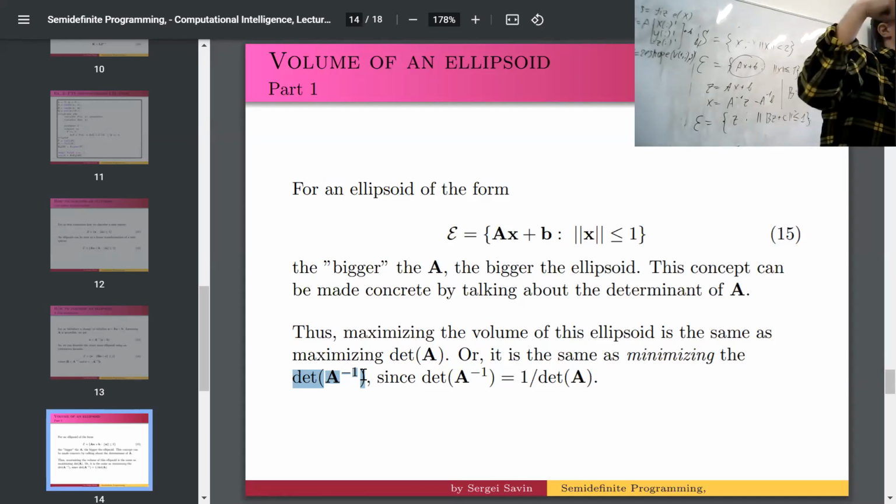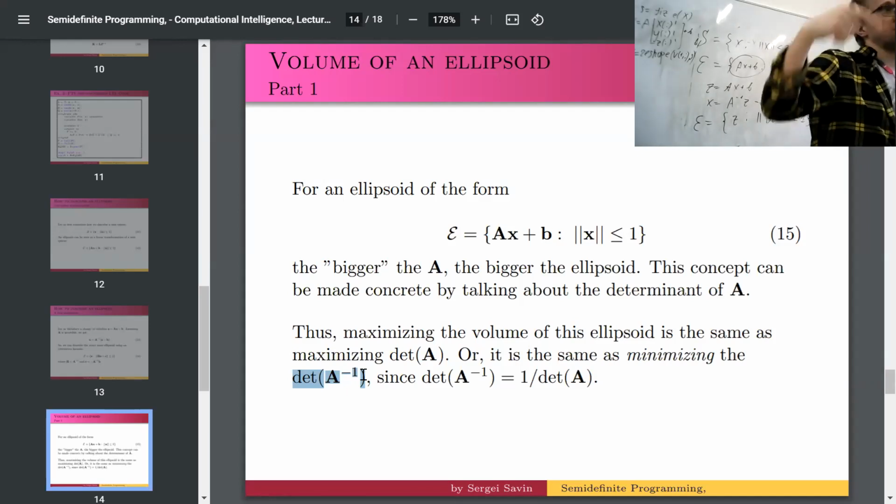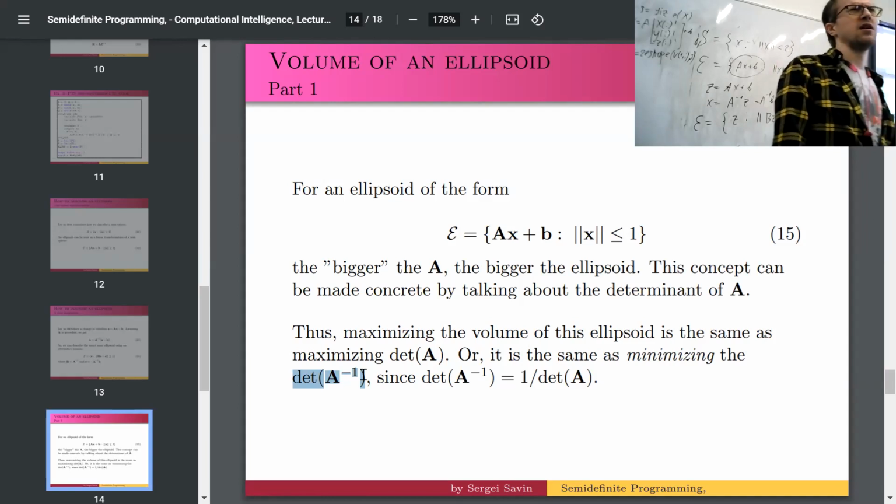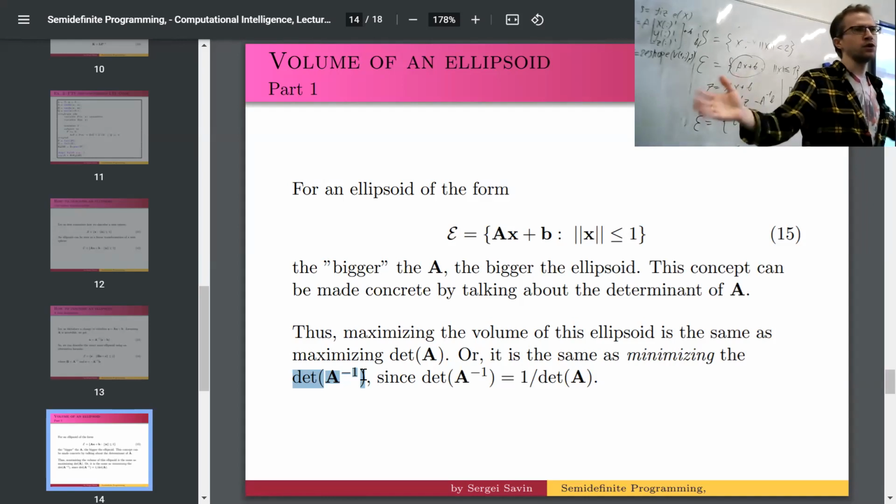So minimizing the determinant is always okay. By the way, this makes perfect sense, right? Why? What is the determinant? It is the volume of the span of the columns of the matrix, right? Do you remember this?